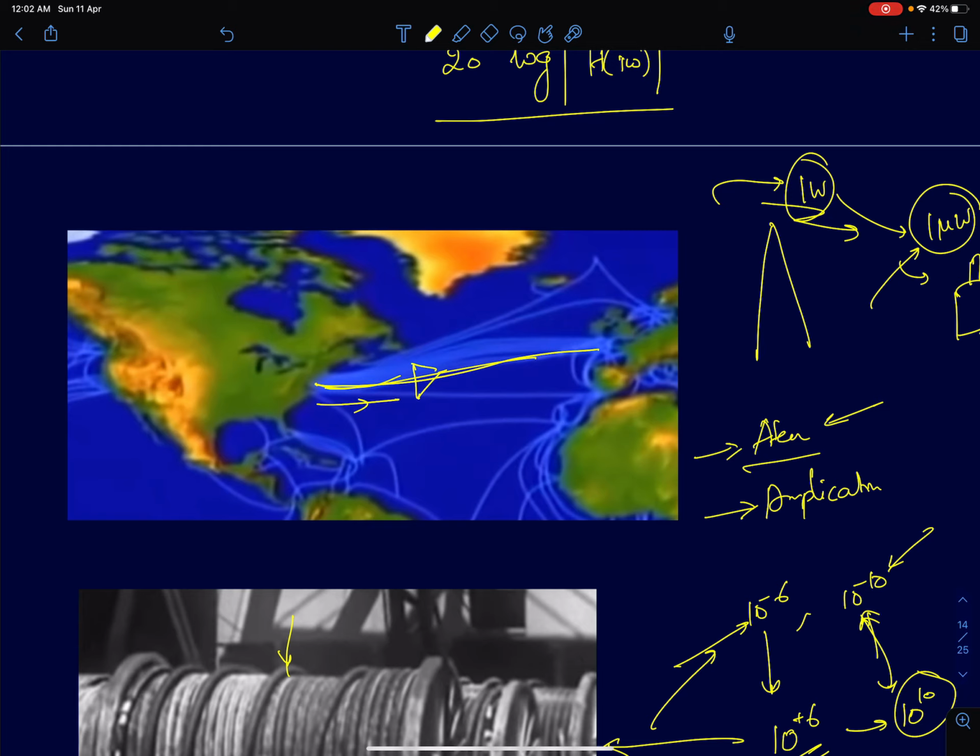So engineers were dealing with two quantities. One, they needed a quantity to express loss. So they were seeing losses in the wires. These wires were several miles long. And also they should be able to express the gain that they can provide in these amplifiers, the repeater amplifiers.